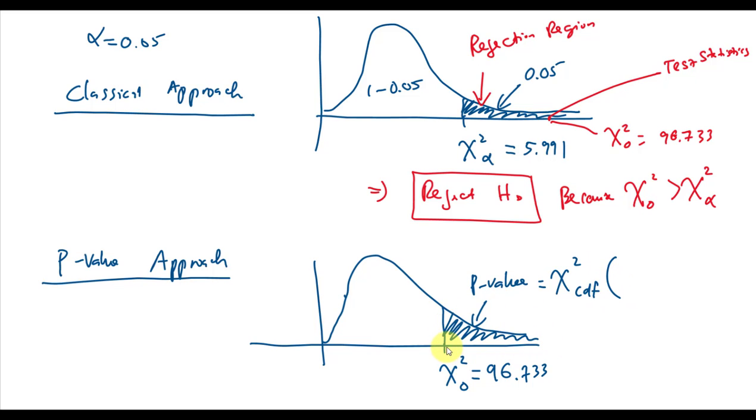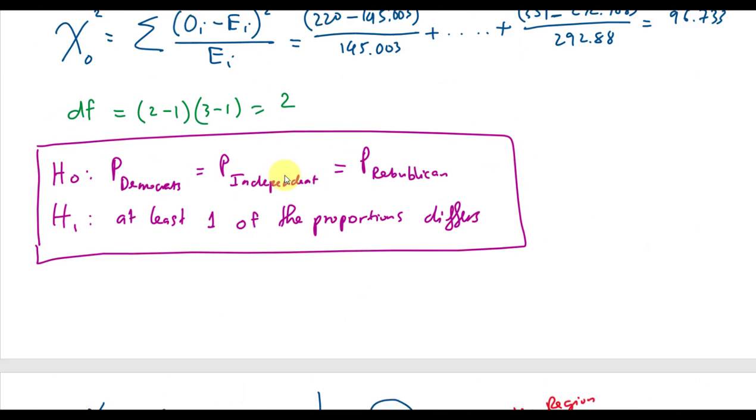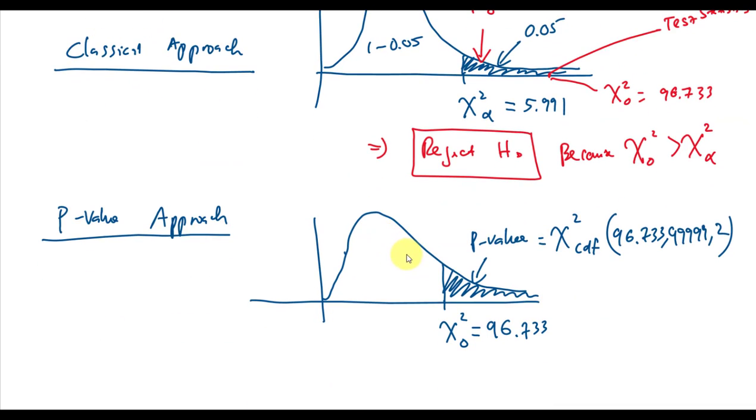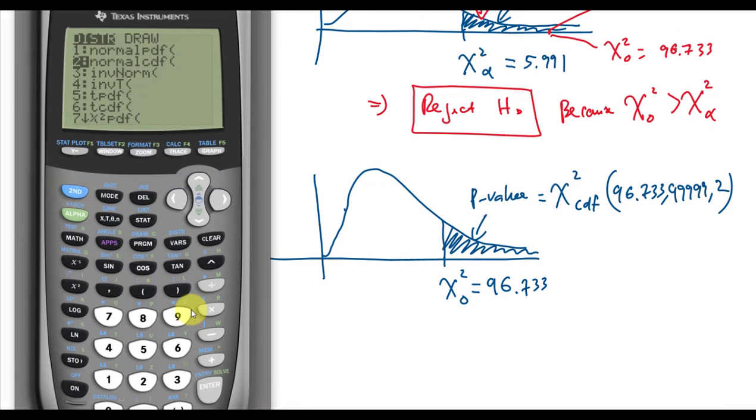So the lower bound is 96.733, and you want the right bound, the right limit all the way to the right, so 999, and the degree of freedom that was 2. So let's see, what do I get here? If you go to second var, that gets you to the distribution.